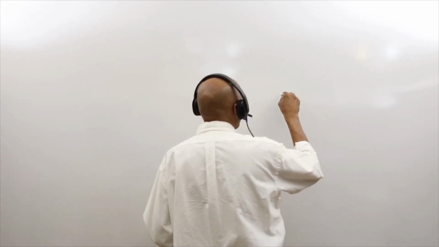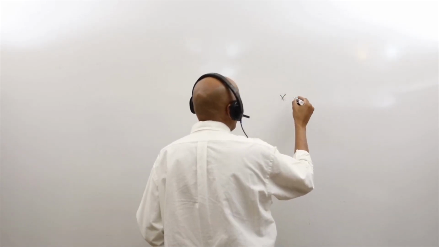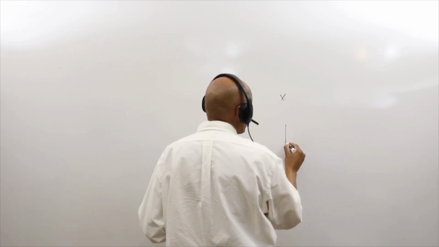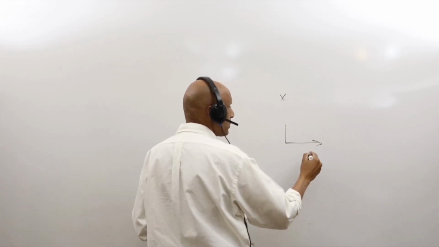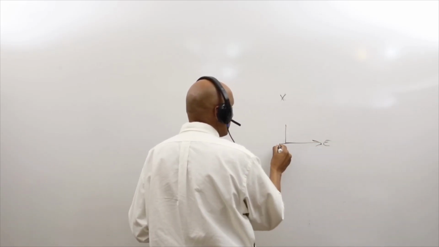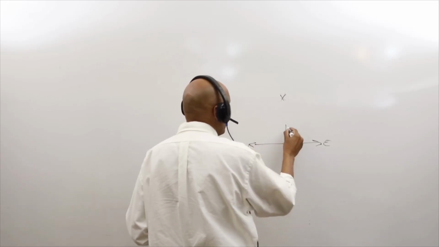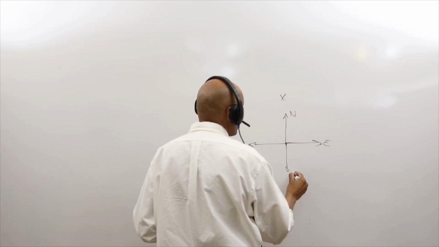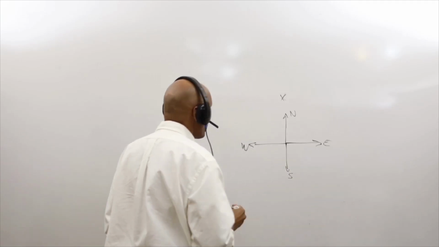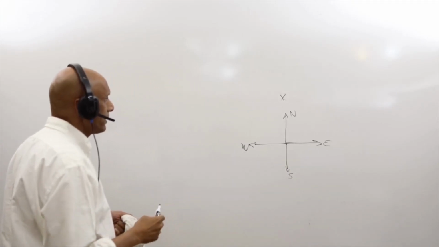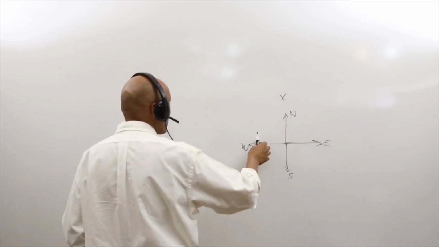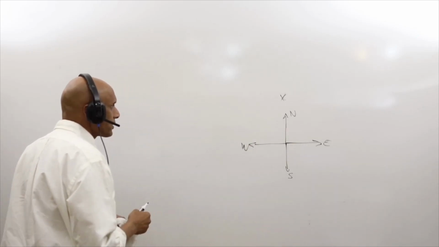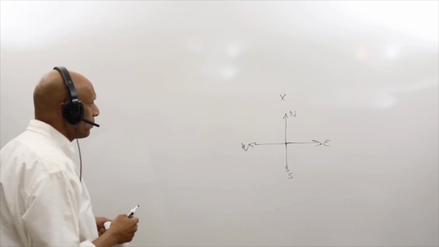X marks the spot, so here I am, X. I'm going to assume that this direction is called east, the other side is west, up is north, and down is south. So here are the symbol letters that define the four directions of north, south, west, and east.